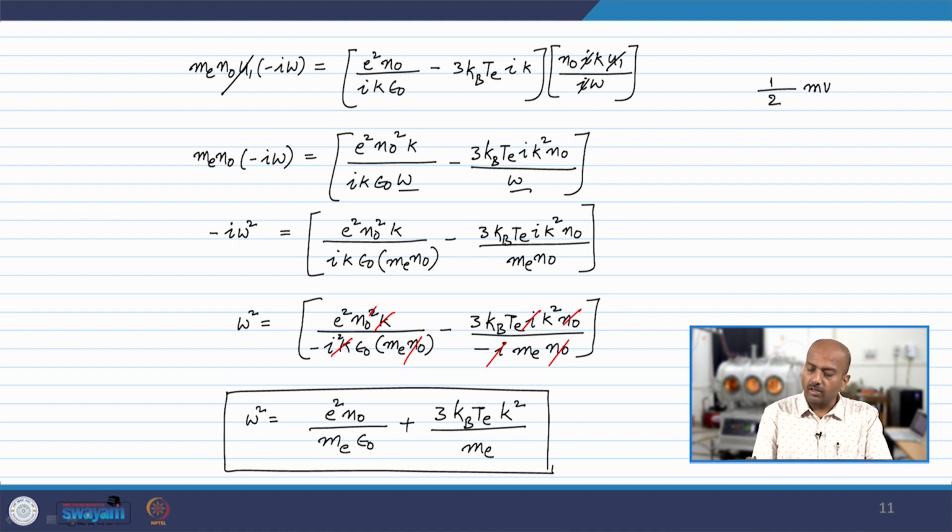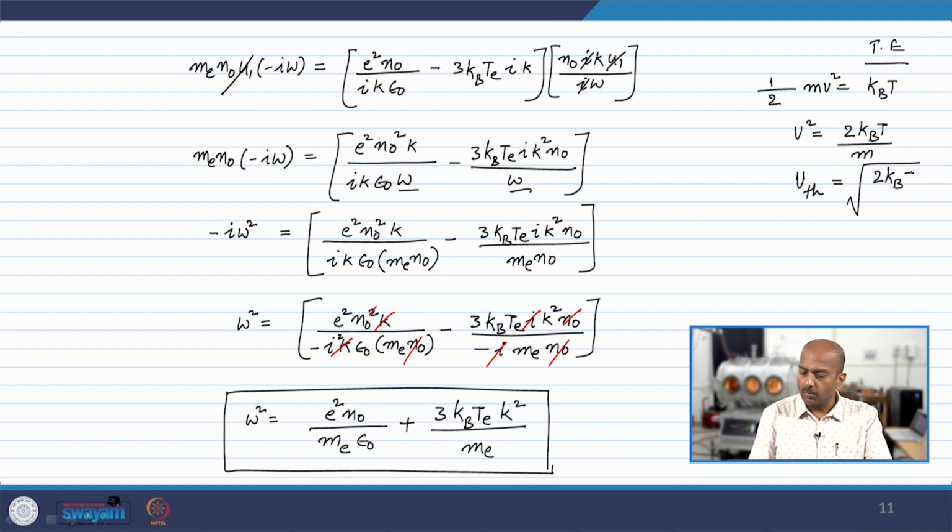Now, if you consider the electron to have thermal energy or temperature, non-zero temperature, you can write half m v square is equal to k_B T, right. So, what is this? This is the thermal energy, the kinetic energy, right. So, you can write v square is 2 k_B T by m, or we call v thermal as square root of 2 k_B T by m, right.